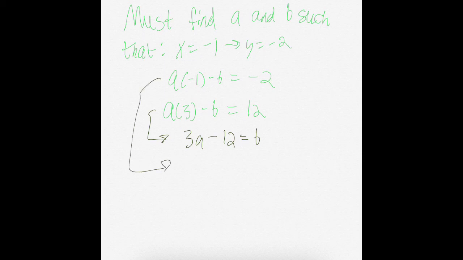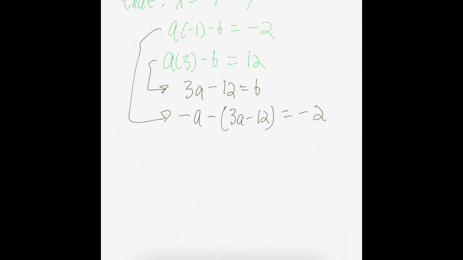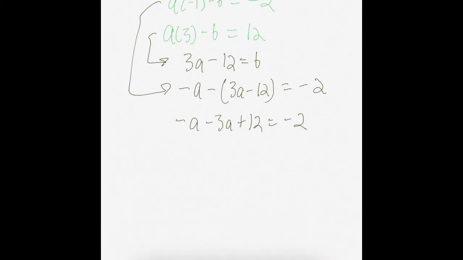Now what I can do is plug that into my first equation to see that -a minus, well now b is 3a minus 12, equals -2. And now I have an equation with just one variable, right? I only have a in this equation, so I can solve this. So minus a minus 3a plus 12 equals -2.